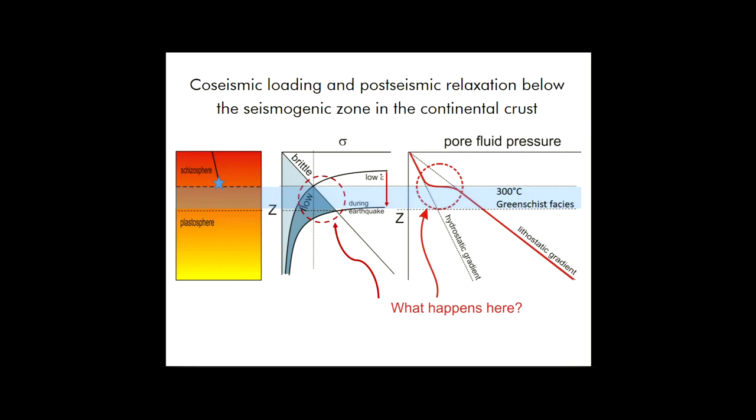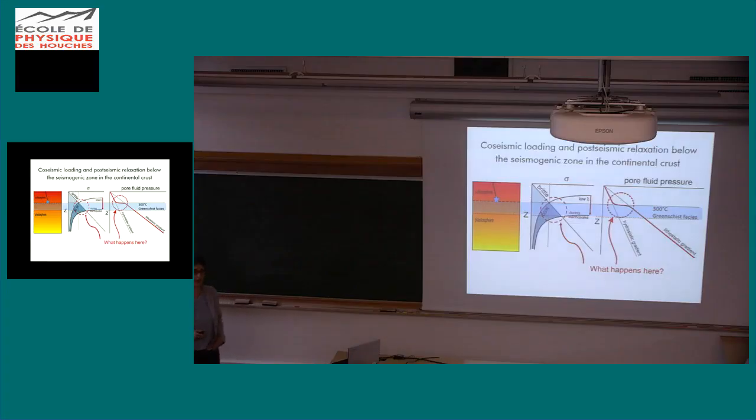Before I take you to the Eastern Alps, I would like to summarize a few aspects on what we know about coseismic loading and postseismic relaxation below the seismogenic zone in the continental crust.